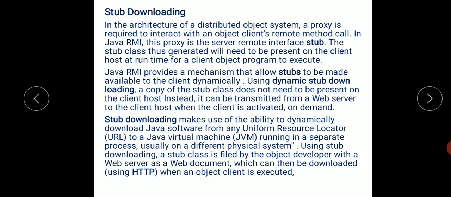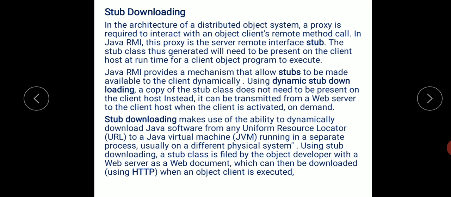Java RMI provides a mechanism that allows stubs to be available to the client dynamically. There is no need for the stub file to always be on the client host. We can download it dynamically.